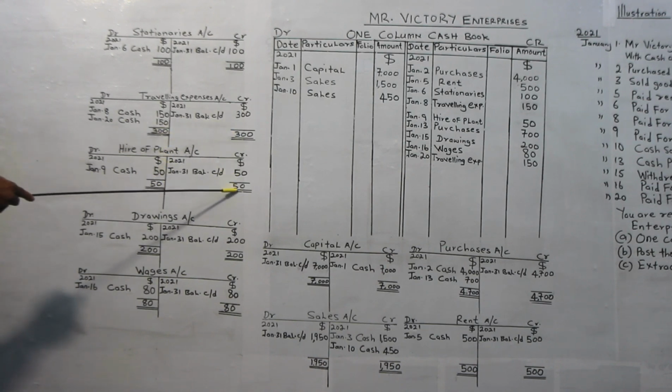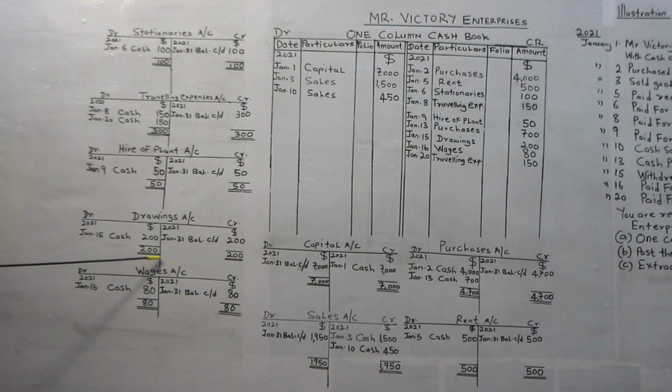We have the 50, we bring it down, we bring down this 50 and rule lines across them. The same for drawings, we bring down the 200 on the same line and we rule lines across them. Observe that the last lines are double lines, or you can use shaded lines. So wages, we bring the wages down 80, 80, both on the balance carried down figure and on the real figures.